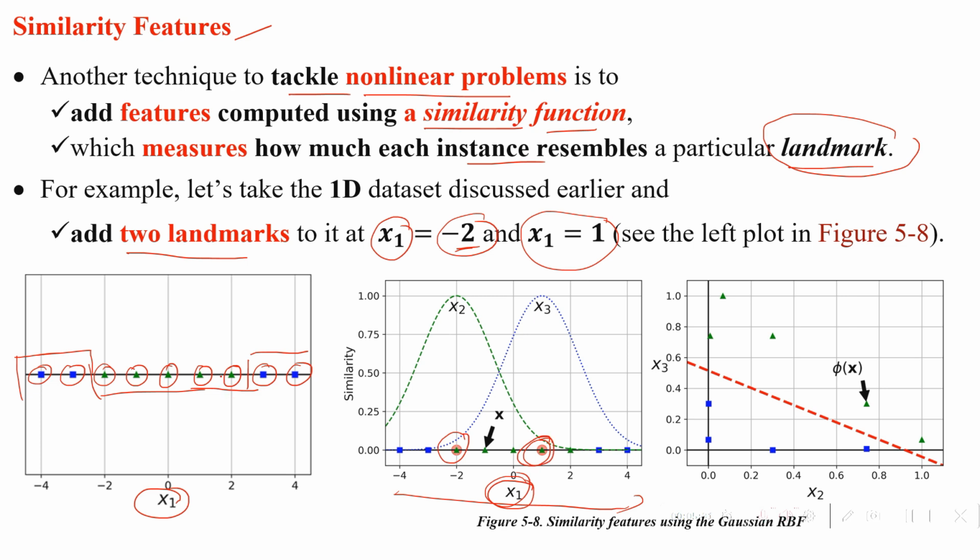These are the two landmarks we identified. Based on these two landmarks, we convert the data into another format of data, and to that other format of data we apply the linear equation.